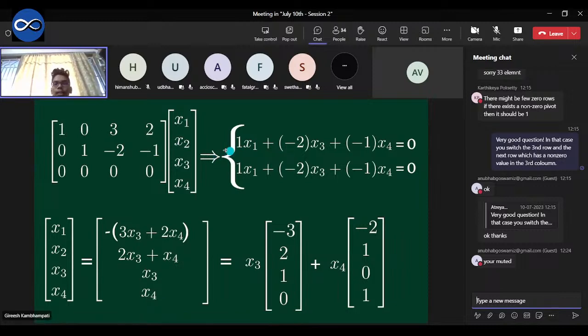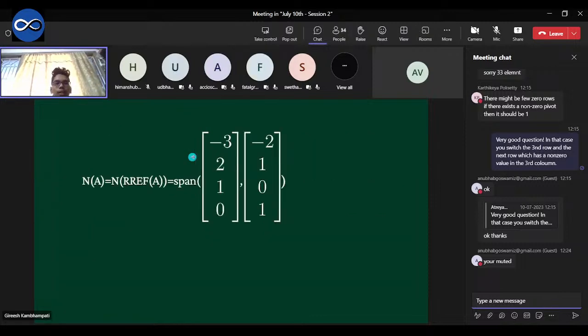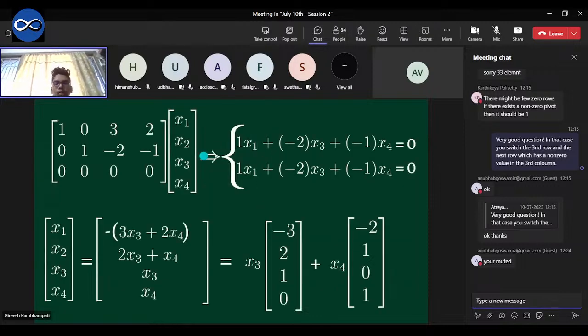Now by multiplying and getting these equations, from the third row we will not get any information, like 0 into x1, 0 into x2, 0 into x3, 0 into x4 is equal to 0. Now we will get these equations. We consider any vector in the null space of the given matrix as x1, x2, x3, x4.